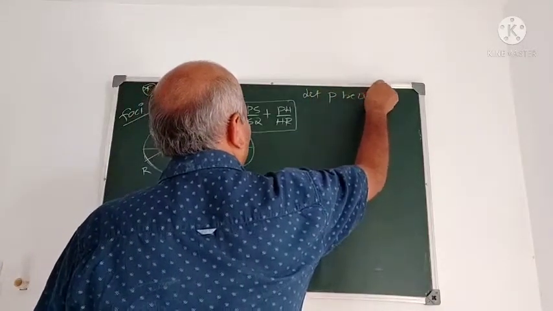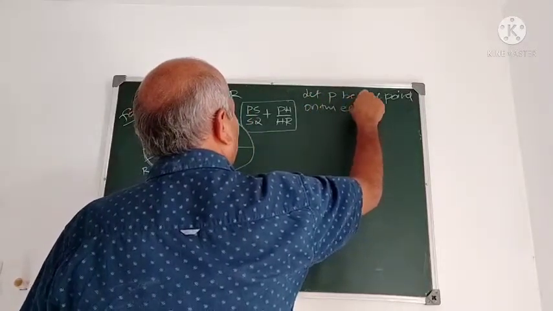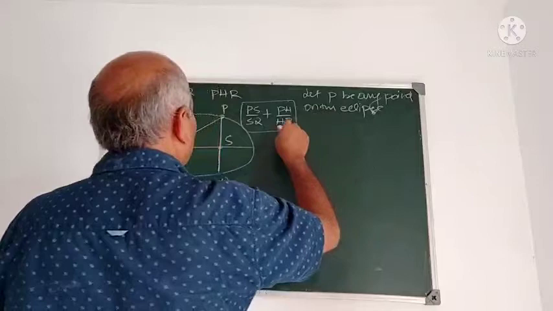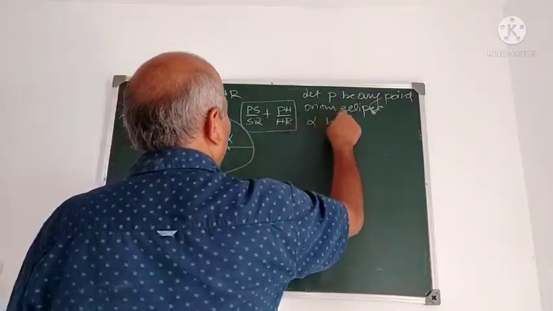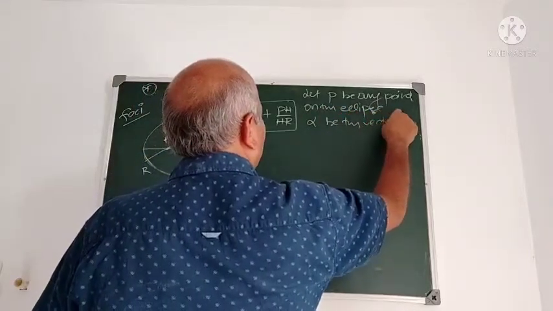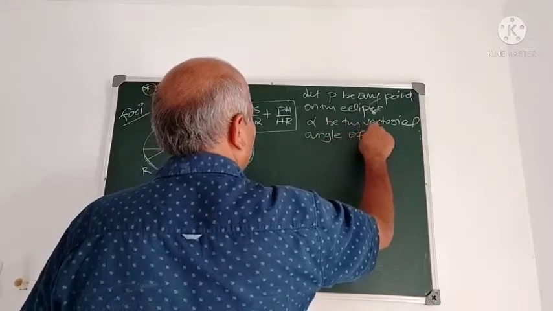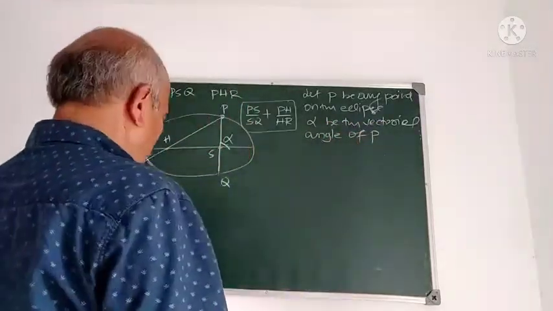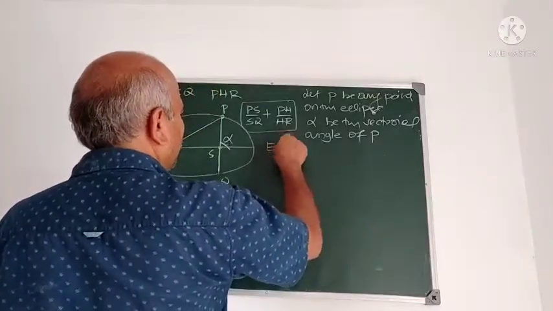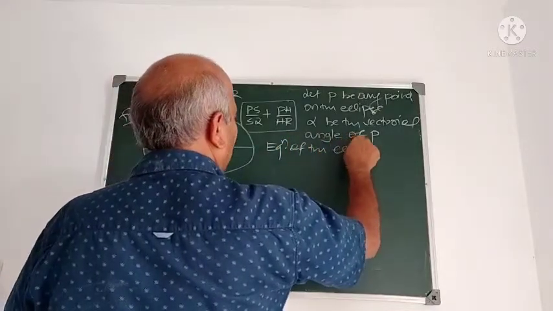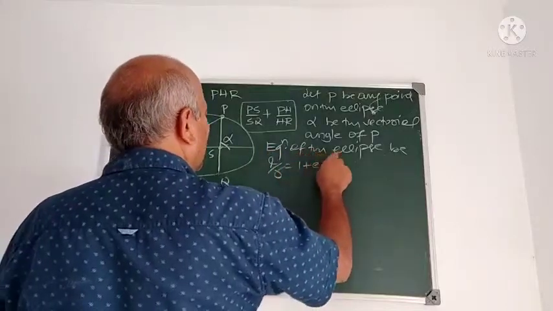Let P be any arbitrary point on the ellipse, and let alpha be the vectorial angle of P. Then the equation of the ellipse is L by R is 1 plus E cos theta.